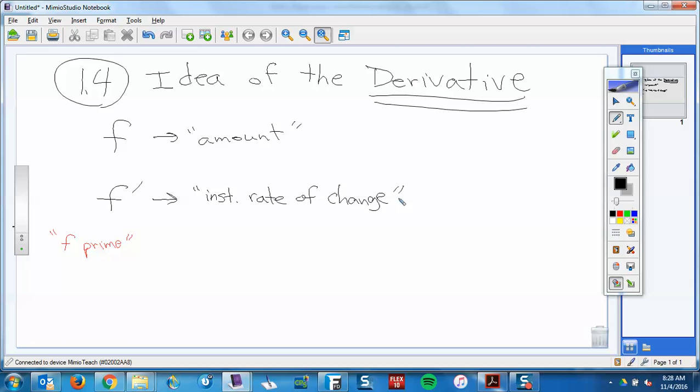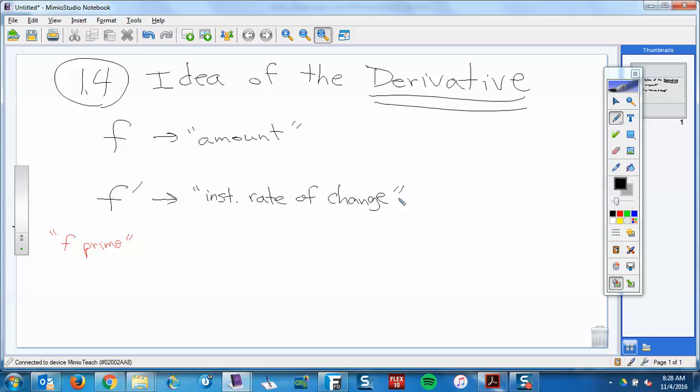Now you can have a rate of change of a rate. What if your f function was miles per hour? What's the rate of change of miles per hour? Miles per hour per hour, which can be written miles per hour squared. That's acceleration. I don't like to use that, to be honest with you. I think miles per hour per hour makes more sense, but it's shortcutted to miles per hour squared.